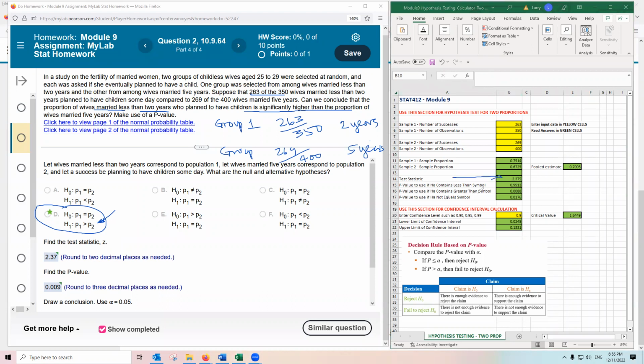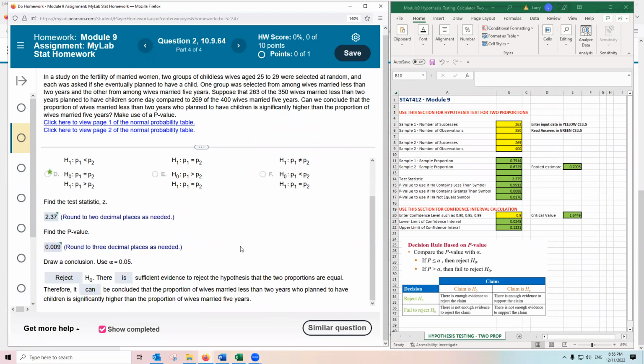And our p-value is a greater than symbol, so I'm going to be using this p-value here, 0.009. Okay, so we have the test statistic, we have the p-value. Excel is giving that to us.